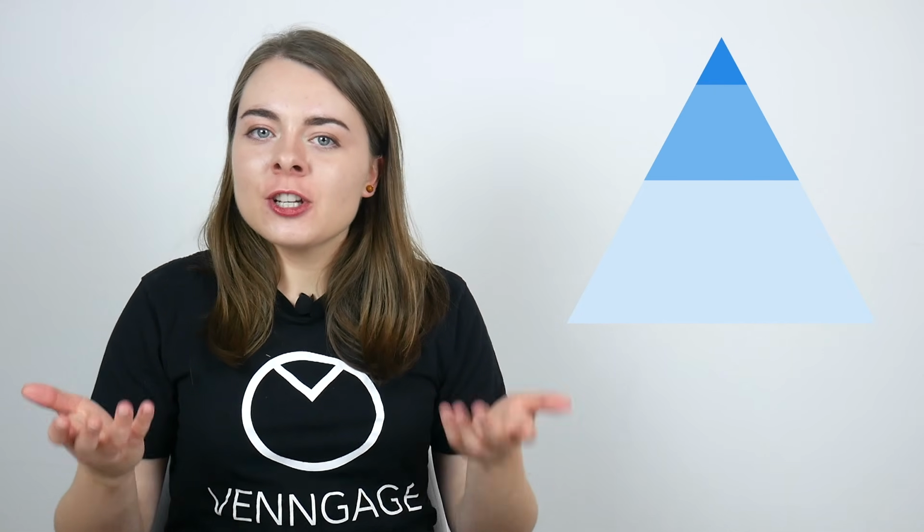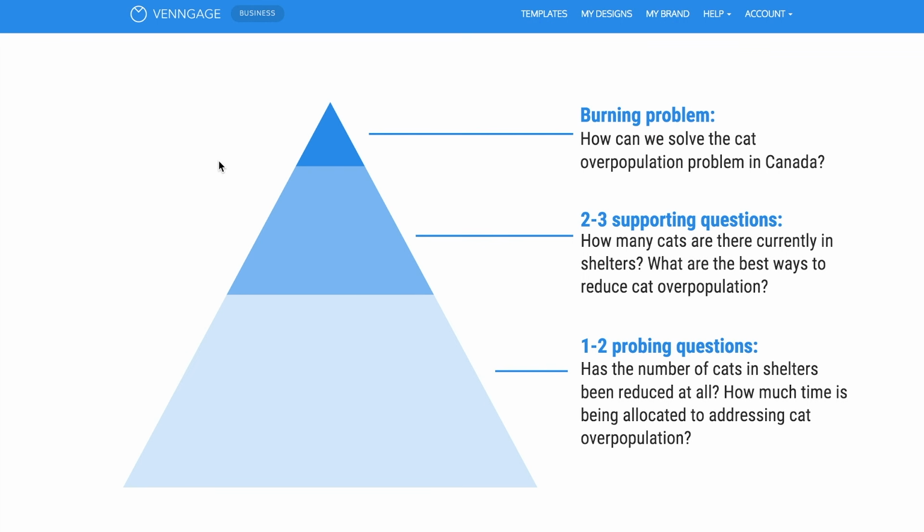Once you've identified what the burning problem you want to answer in your infographic will be, you can use a question pyramid to help you flesh out the ideas and come up with some supporting questions. These questions will give you a specific direction to follow when you're finding data for your infographic and when you're laying out your information.